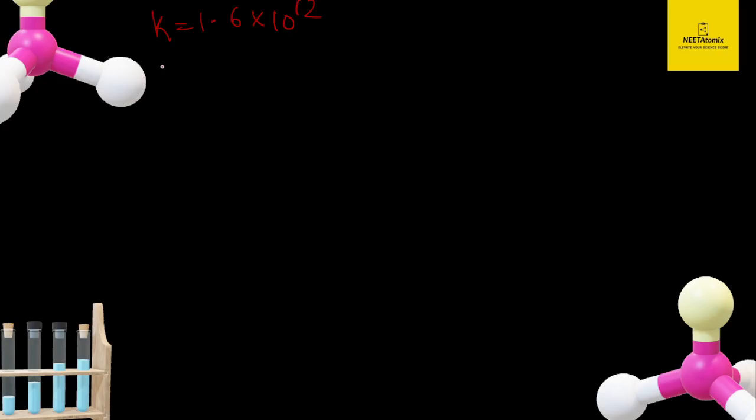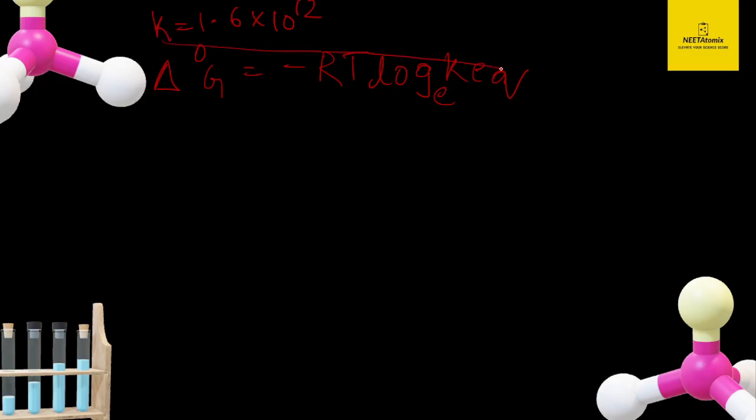Okay. We can solve this by delta G naught is equal to minus RT log K_eq to the base e, because they gave options to the base e. So no need to multiply the equation with 2.303.